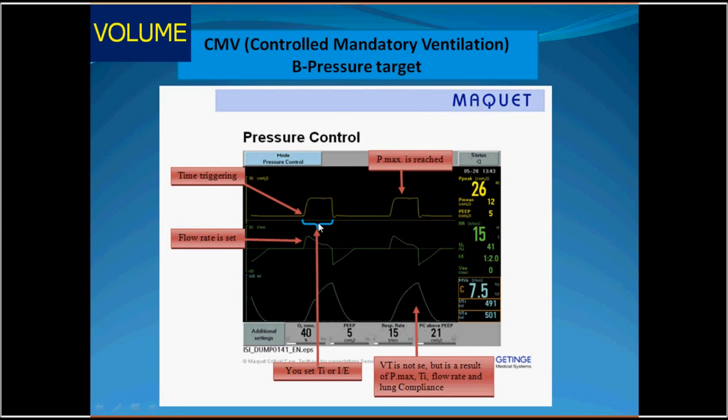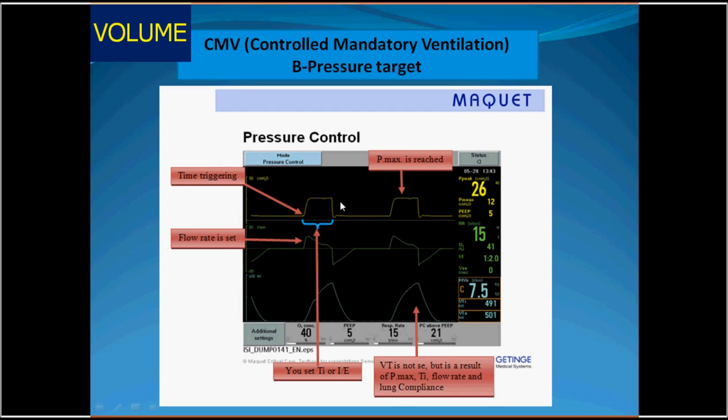Here in the pressure target, you set a pressure, and the tidal volume is defined, as I mentioned before, by the driving pressure between the PEEP and the ceiling pressure, in addition to resistance and compliance. Usually you set a pressure, but it should not exceed the plateau pressure.